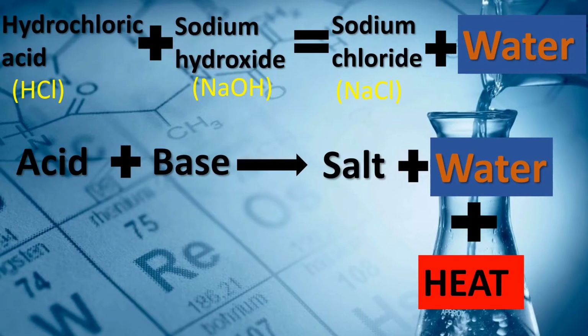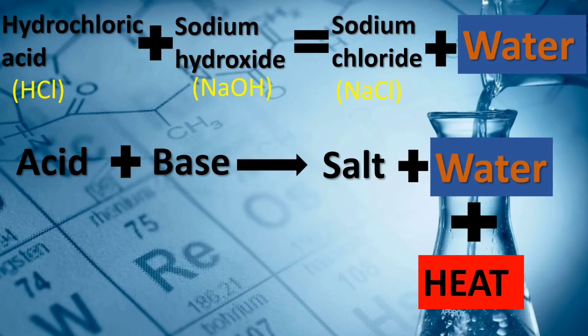But when any acid and base react, it doesn't mean that it is always going to form sodium chloride, NaCl. Salt generally means any substance which is categorized as a salt, not necessarily NaCl. So this is what happens when acid and base react.